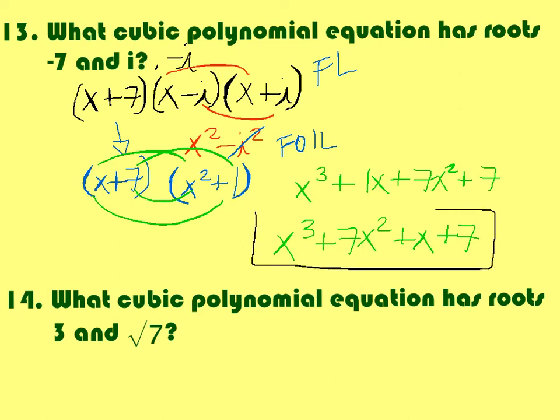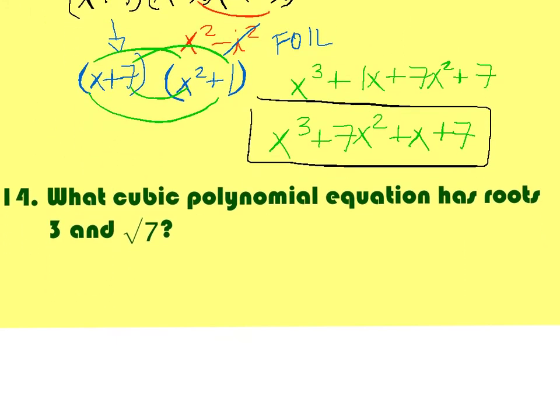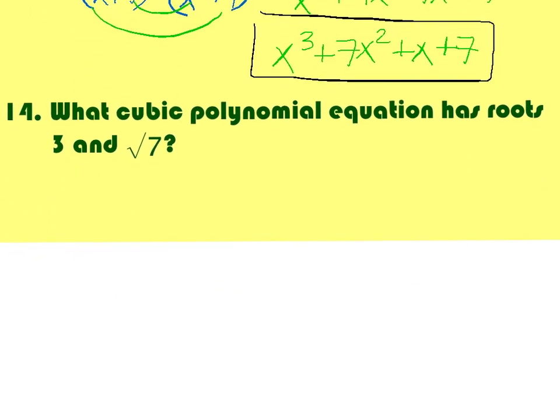And we're going to do the same exact thing for number 14. What cubic polynomial equation has these roots? Again, since it's the square root of 7, we also have negative square root of 7.